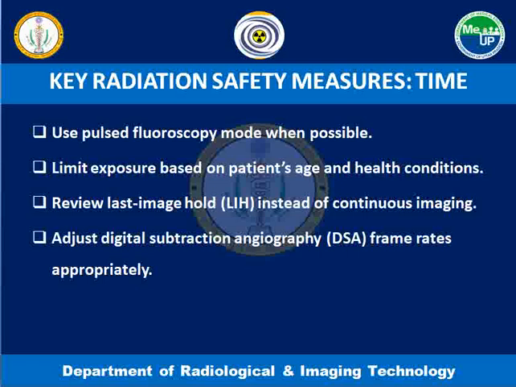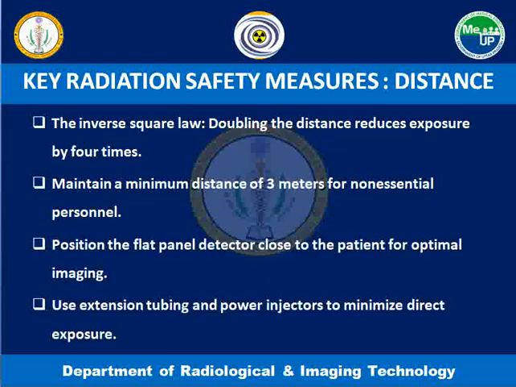Instead of continuous imaging, healthcare professionals should use the last image hold (LIH) feature, which retains the previous fluoroscopic image for reference, reducing additional exposure. For digital subtraction angiography, DSA, frame rates should be optimized according to the specific anatomy being examined, ensuring high-quality imaging while minimizing radiation dose.